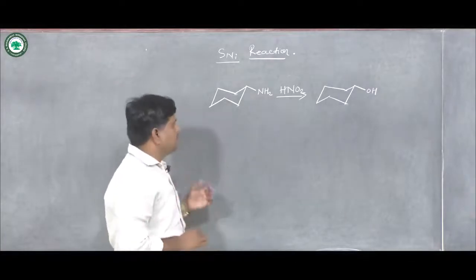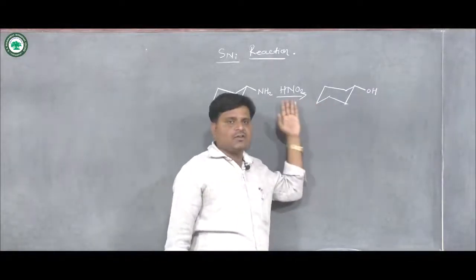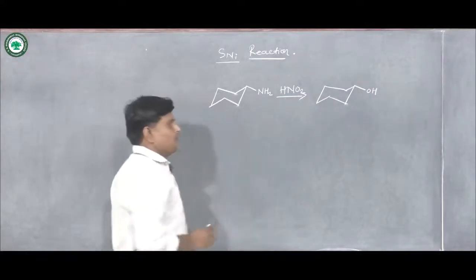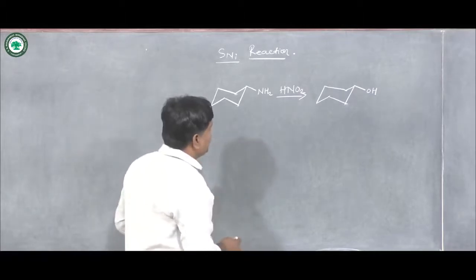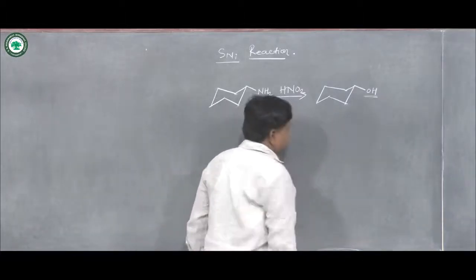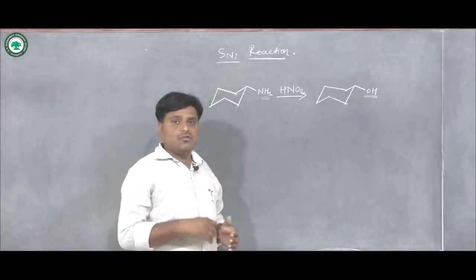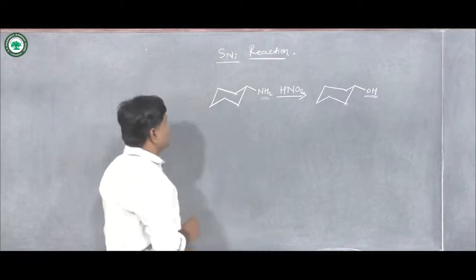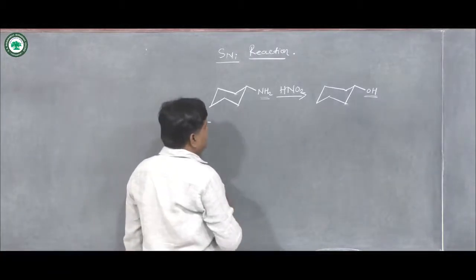So this amino cyclohexane simply converts into cyclohexanol in the presence of nitrous acid. This is one of the simple reactions, but in this case we get both the substituents on the same position. Both the substituents on the same position. So how do we get it?